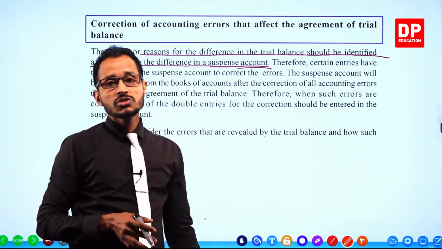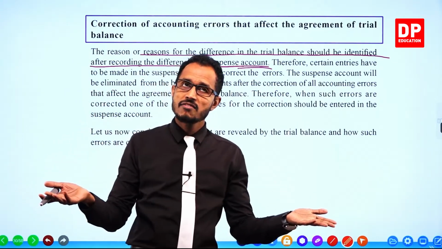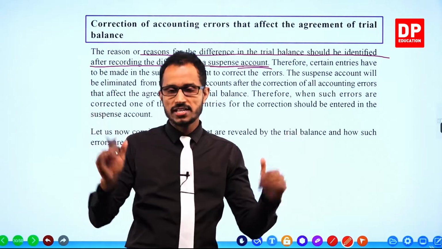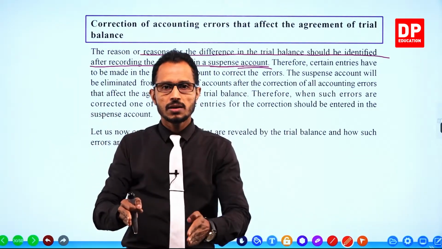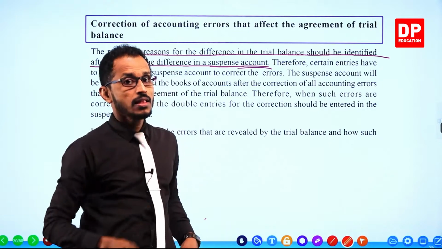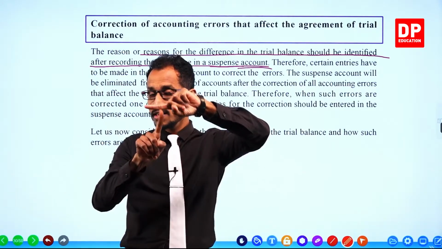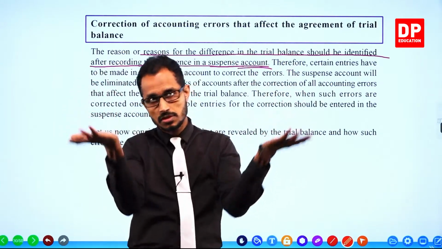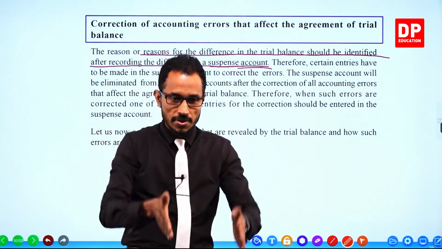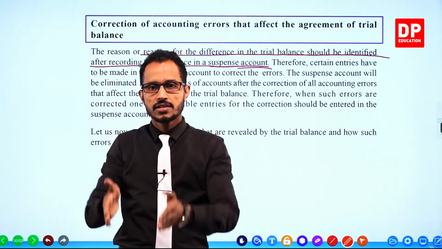Why was the suspense account created? Because there was a shortage in one column of the trial balance. The shortage could be in the debit column, or it could be in the credit column.